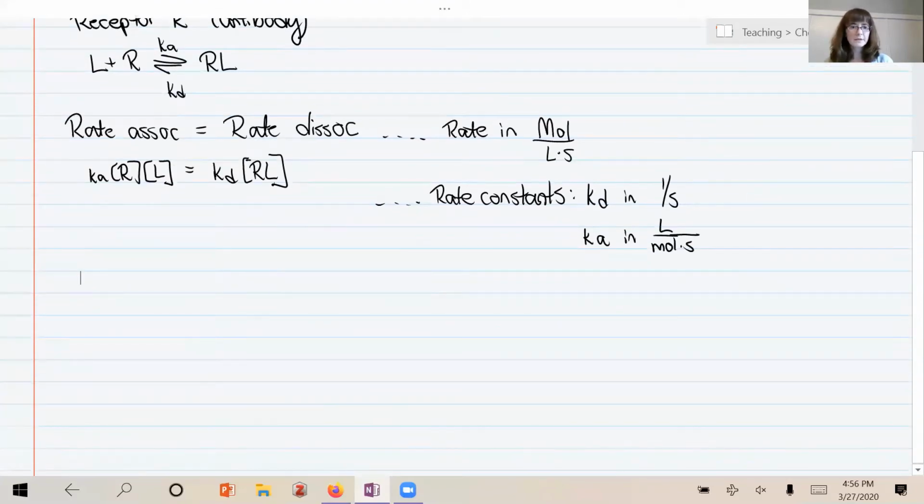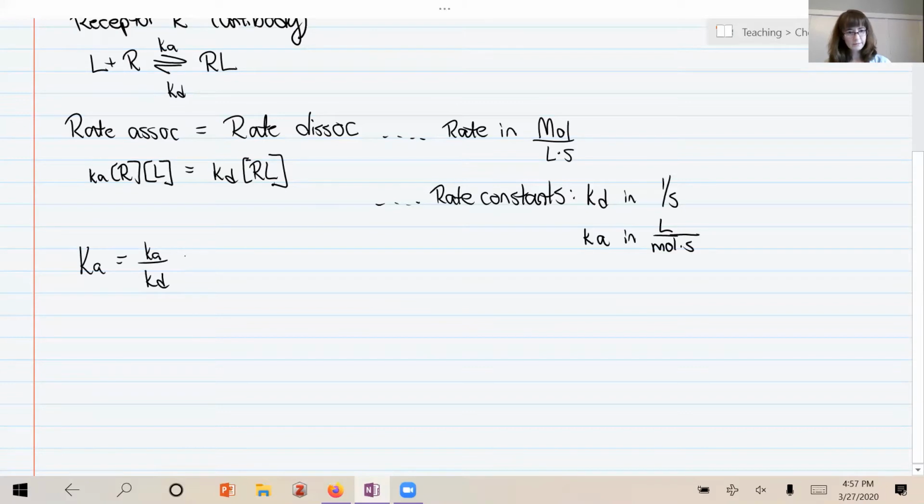All right, and so now what we can do is rearrange this in order to have an equilibrium constant that describes the equilibrium of the bound state or the dissociated state. And so if we want to look at the forward process, this binding, then we would have a rate constant capital K for association. That's why I'm writing a lowercase a there. And so that's equal to the rate constant of association over the rate constant of dissociation.